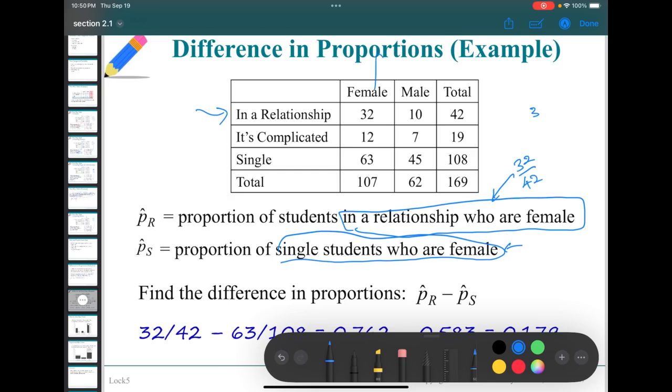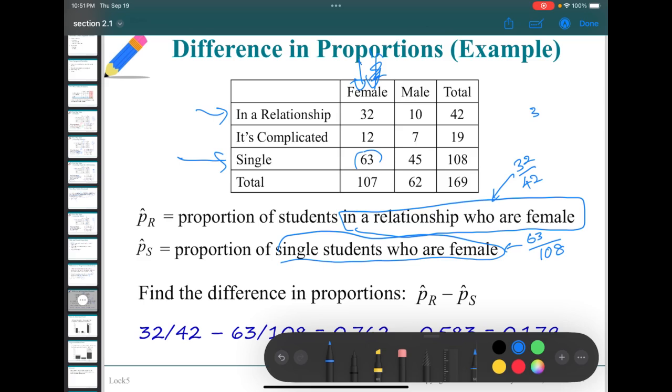Who are female, this column, sorry, not this column. Single students, this row, which means the denominator is 108. In this one, females, this column, is 63. So we denoted it by P hat S, S for single, and R is for relationship.